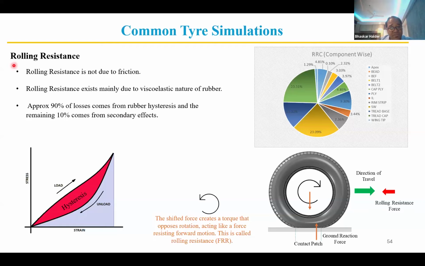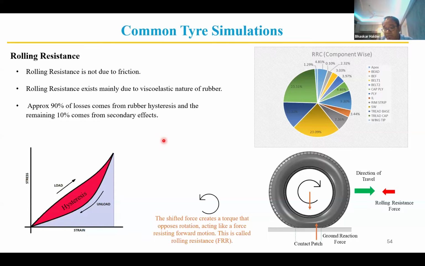But in the future, I think we should achieve this FEA simulation capability for rolling resistance as well, so that a designer can easily predict the rolling resistance of the tires. It will be a great help in designing the right tires.